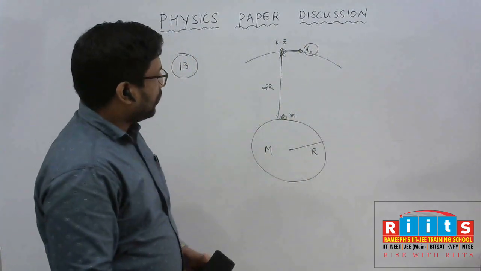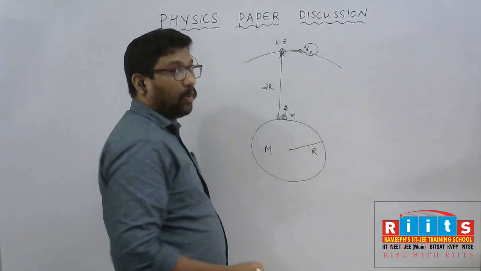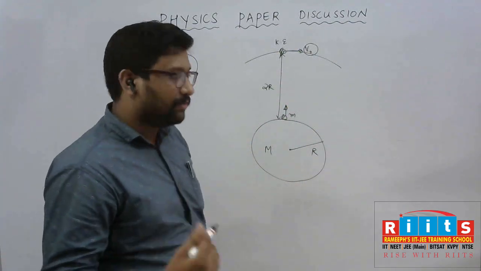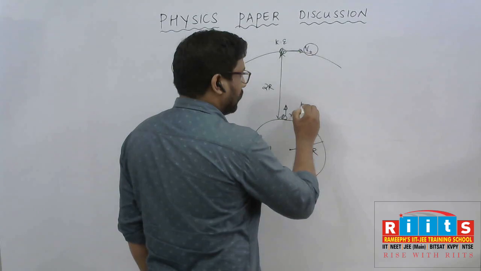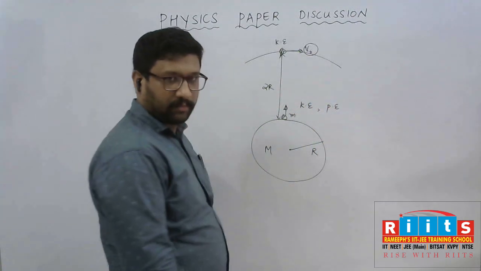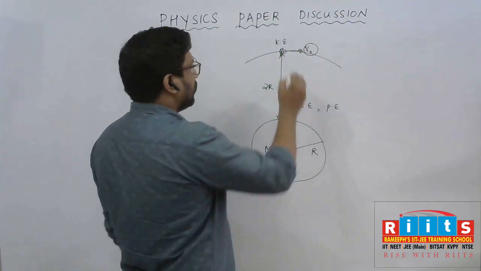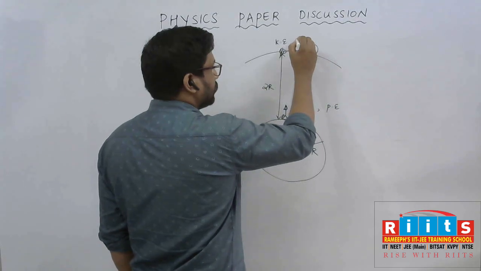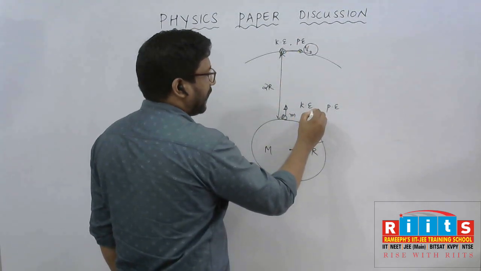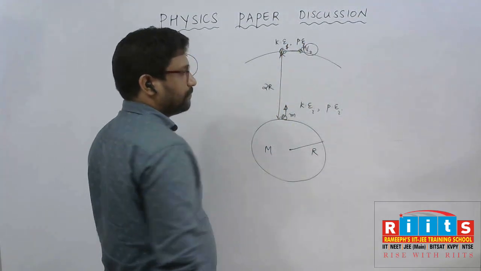So when you are giving a minimum energy for this satellite, what energies does the satellite have now? The satellite will have kinetic energy as well as potential energy. At this particular orbit also, the satellite will have kinetic energy as well as potential energy. You can call these initial energies and these final energies.